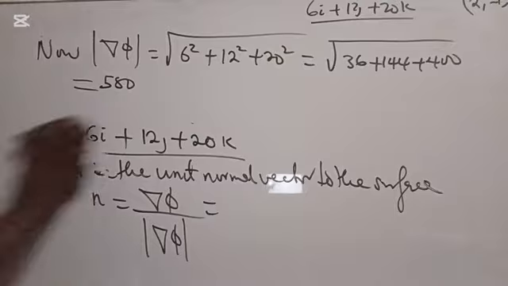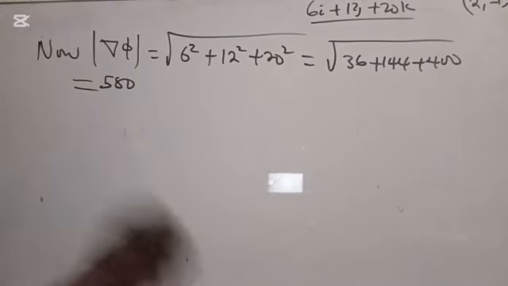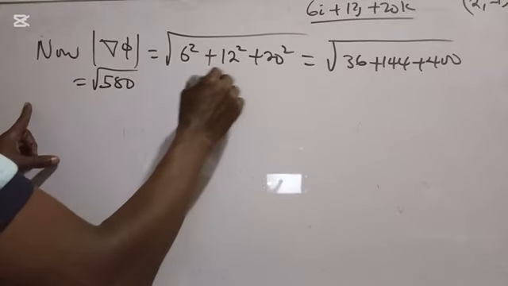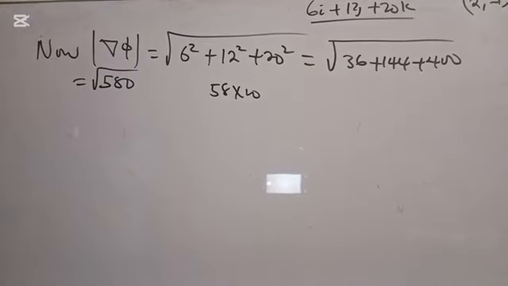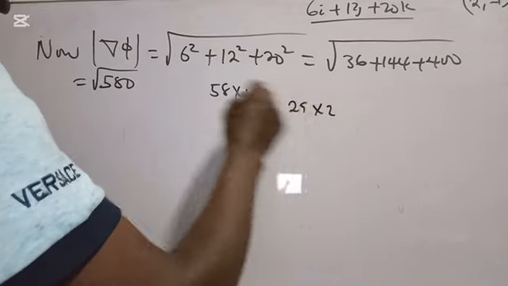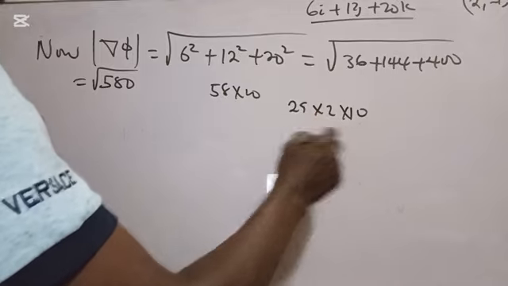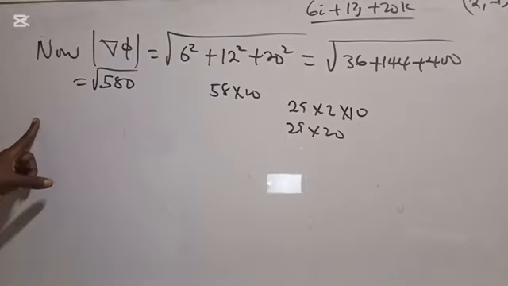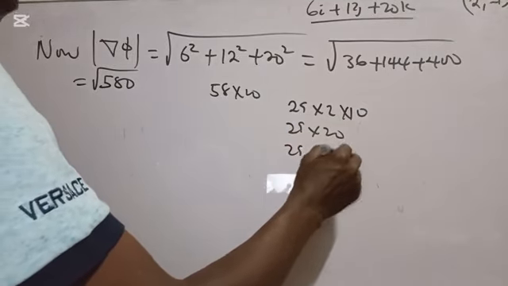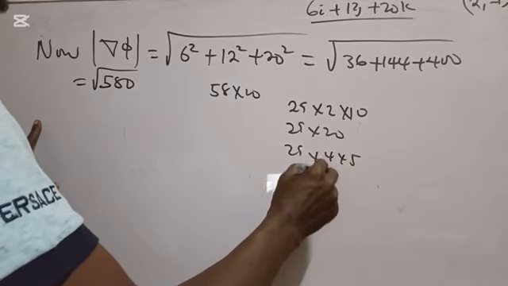Now, that is the square root of 580. Can we get the square root of 580 easily? Let's check. 580 is 58 times 10, and 58 has a 2 in it, so that's 29 times 2 times 10, which is 29 times 20. If we split this, we can have 29 times 4 times 5, so 29 times 5 times 4.